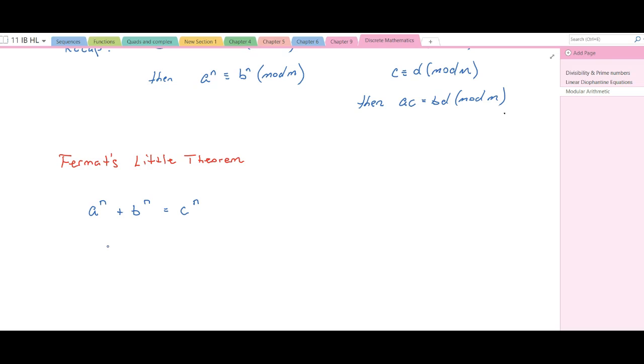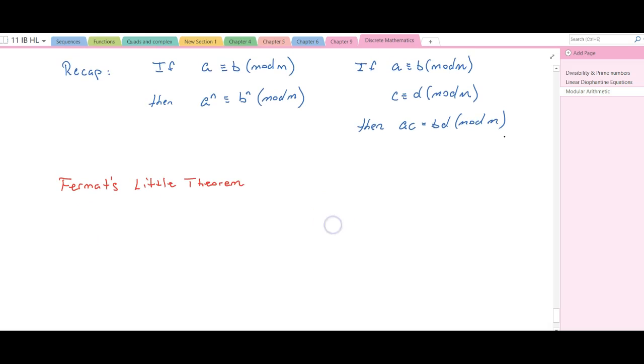But for powers of 3 and above, not so many. In fact, none. Finding the proof that there are no solutions for powers 3 and above was Fermat's theorem being solved in the last decade. Very famous work around that. But Fermat's little theorem is this.